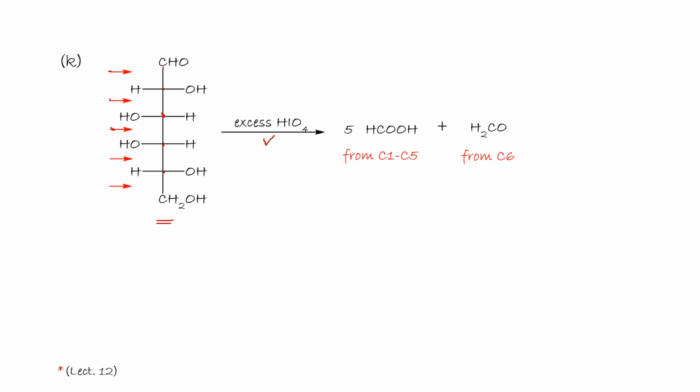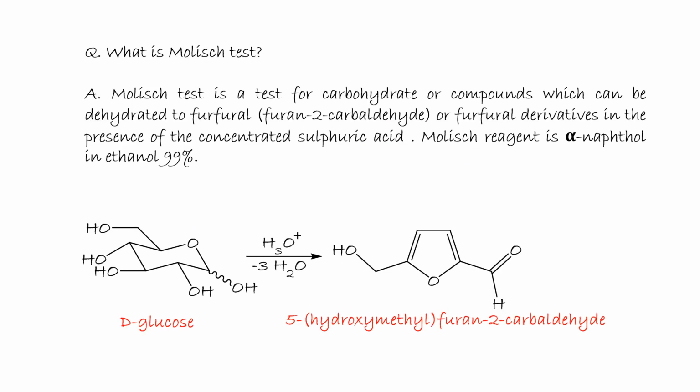The aldehyde will be formic acid, this carbon will be formic, formic, formic acid, and the last one will be formaldehyde. So we get 5 molecules of formic acid and 1 molecule of formaldehyde for each molecule of D-galactose. Check lecture 12 and enjoy it.